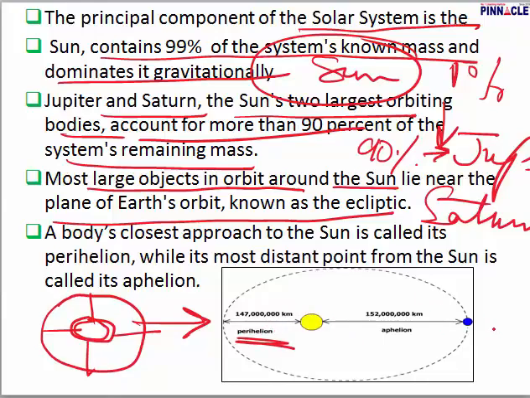The aphelion position is when the heavenly body is at the furthest distance from the sun. So the nearest and furthest distances of a heavenly body from the sun are known as the perihelion and aphelion positions. Very, very important.